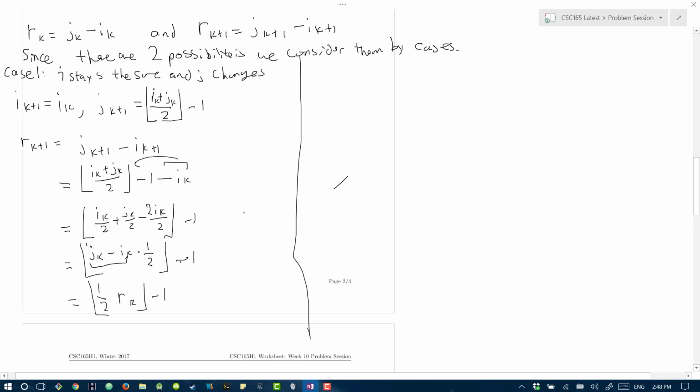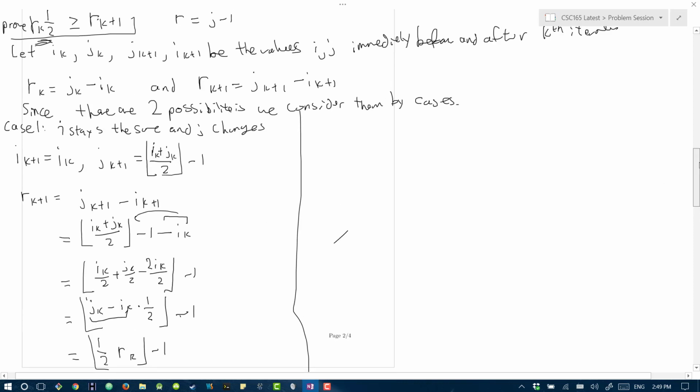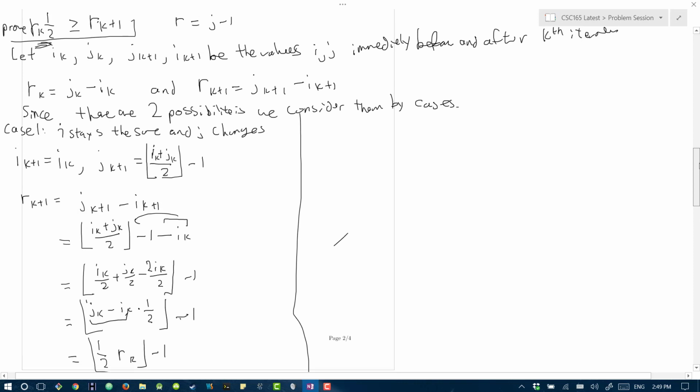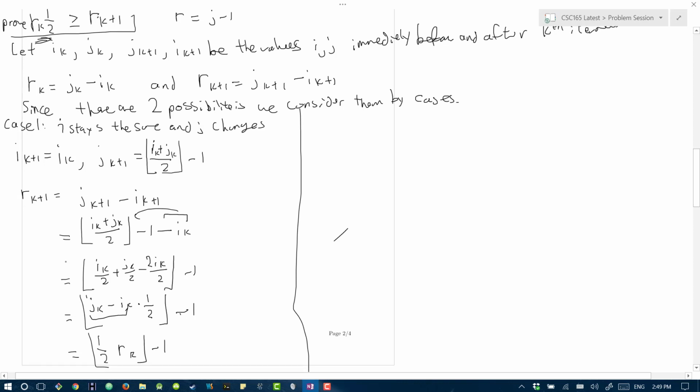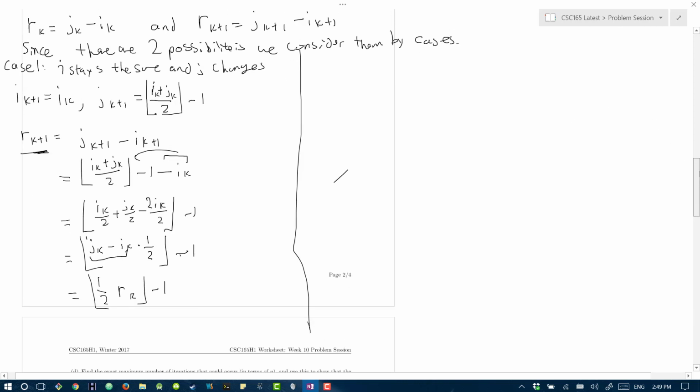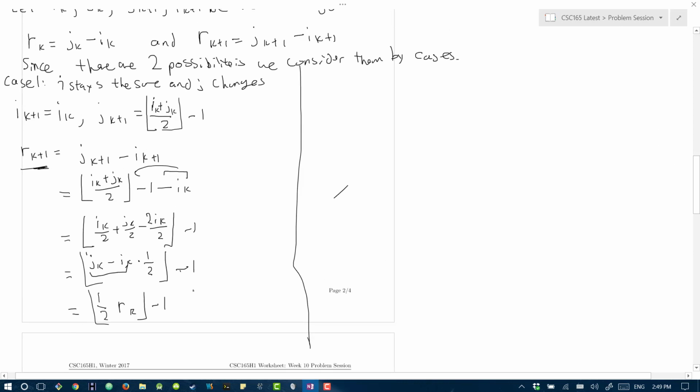Okay, and what we actually want to prove is that this is smaller than this value here. We want to find this value here smaller than or equal to r_k. Well, we know that this is going to be smaller than or equal to r_k times 1/2, since you're subtracting by 1 there. So that's one side.